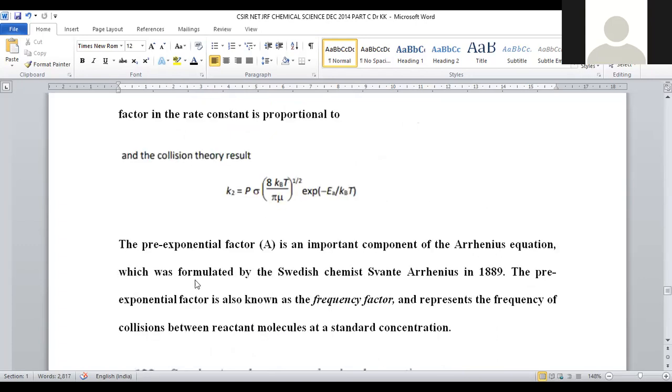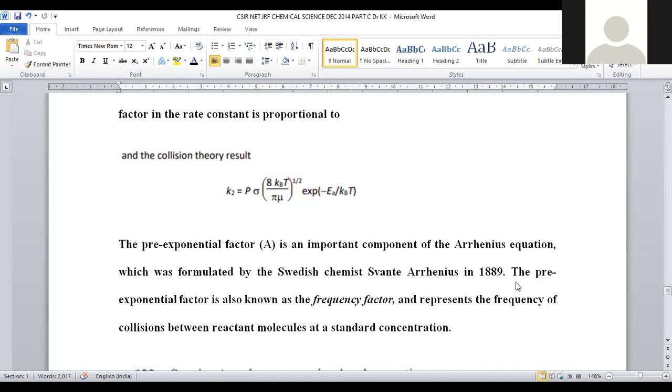So let us get more information about the pre-exponential factor. The pre-exponential factor is mainly defined by the symbol A, and it is an important component given in the Arrhenius equation. Arrhenius, a chemist from Sweden, framed this relation in 1889.